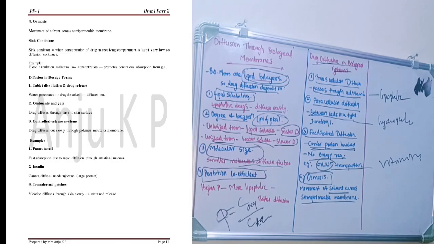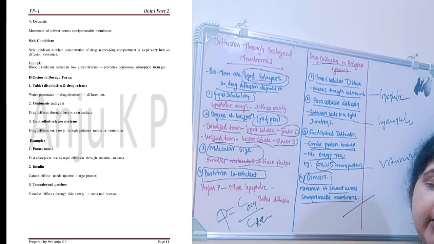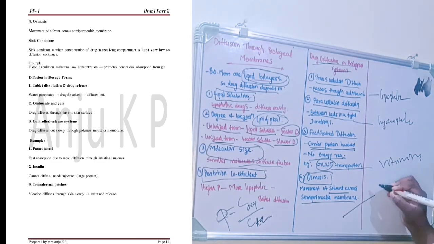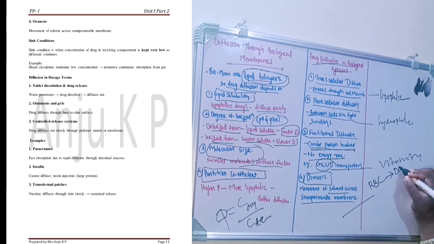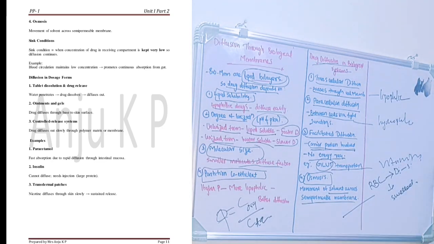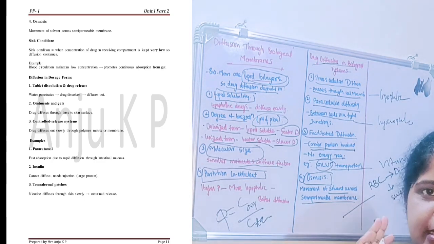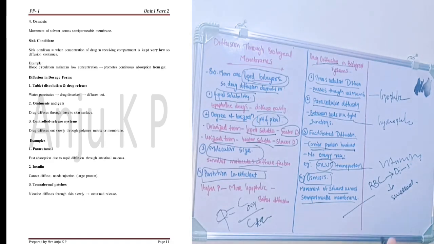In the case of osmosis, you can give RBC in distilled water as an example. Red blood cells, when taken in distilled water, will swell, and they will burst at a certain concentration. That process we call hemolysis.